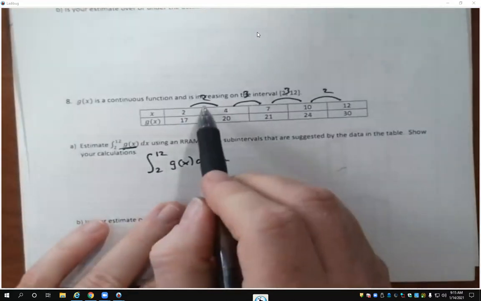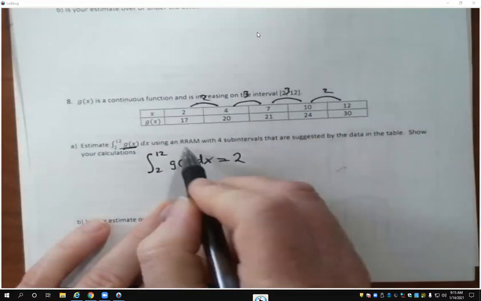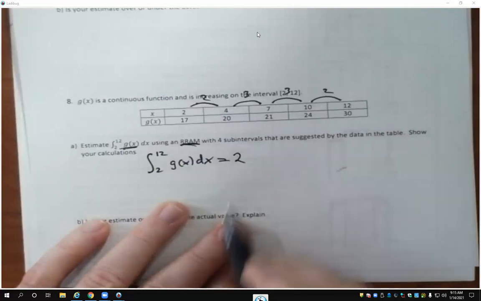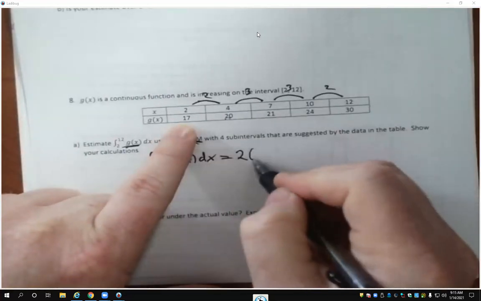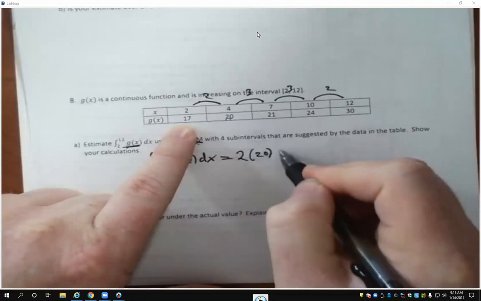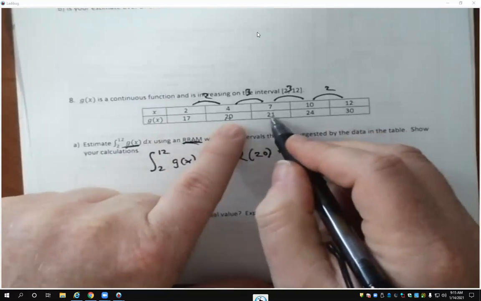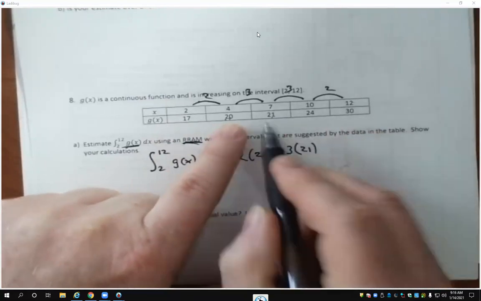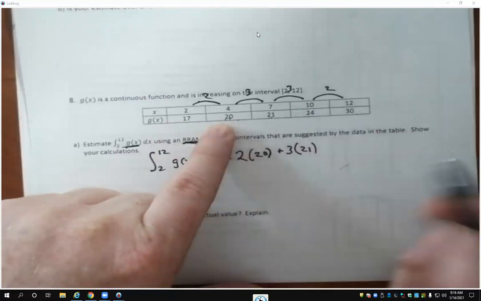My first base is a 2, but we're doing an RRAM now, so of these two numbers we want the right one this time. So 2 times 20, plus the next base, 3 times 21. At this point you're just using these four numbers: 20, 21, 24, and 30.